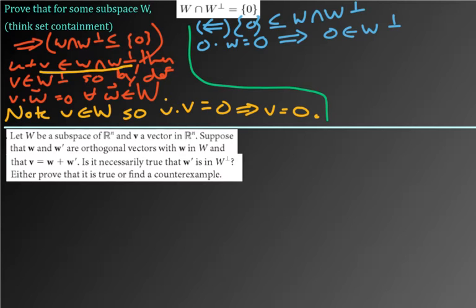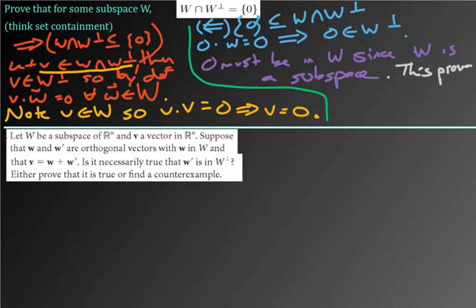And then 0 must be in W since W is a subspace, and all subspaces need to have the 0 vector. And so that does it. So this proves both containments. So W intersect W perp has to equal the 0 vector.